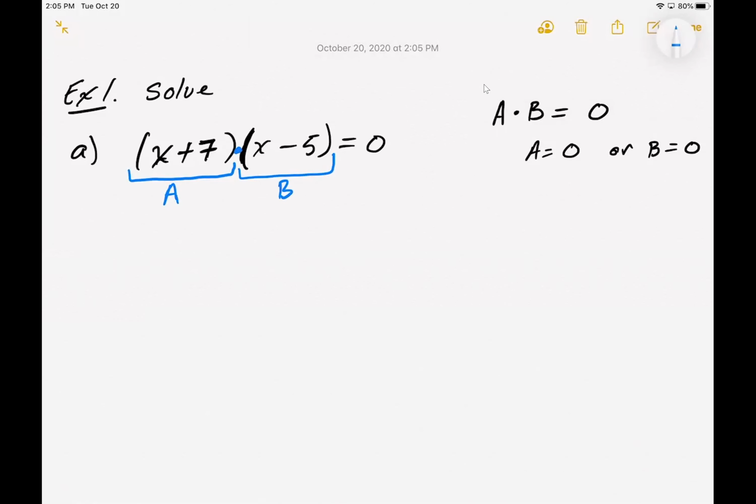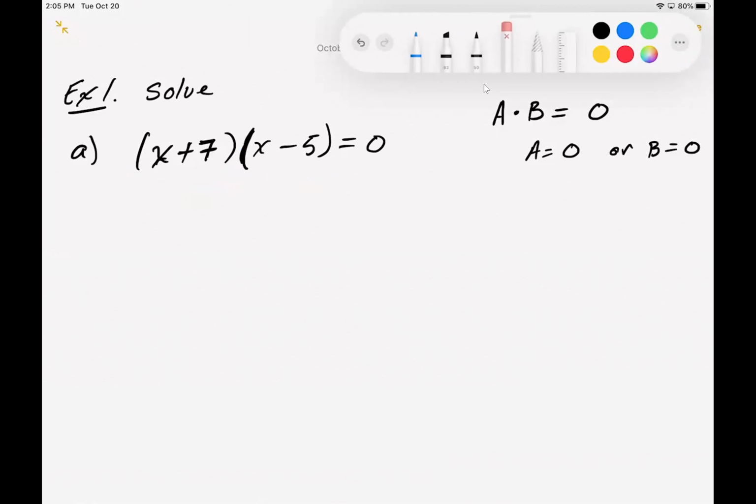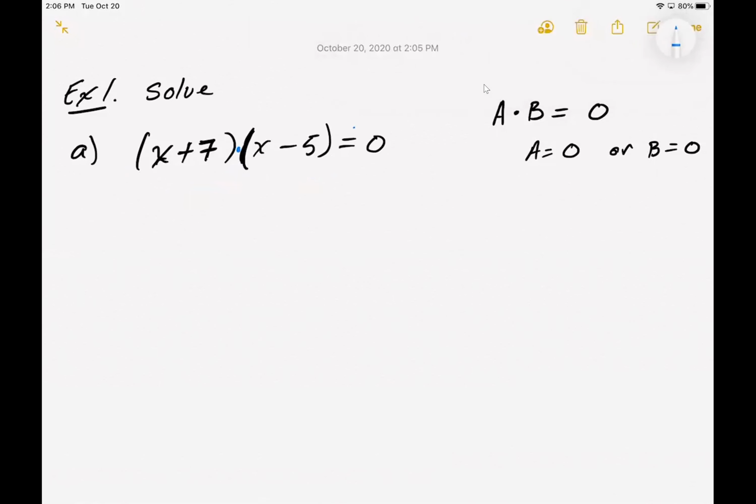This is all we are doing whenever you see this problem, and this is the only thing new. Ladies and gentlemen, believe it or not, this is the only thing new in chapter 6.6. If you have two parentheses multiplied together and it's equal to 0, all you need to do is take the first parenthesis and set it equal to 0, and take the second parenthesis and set it equal to 0.